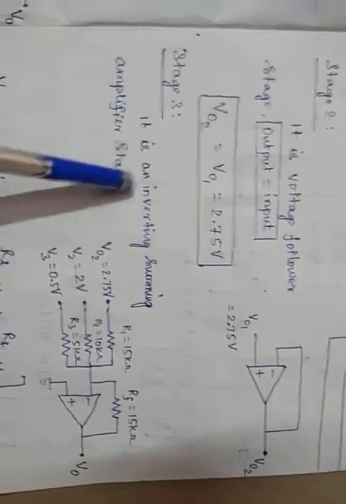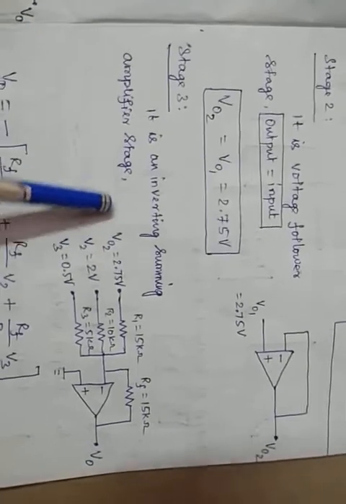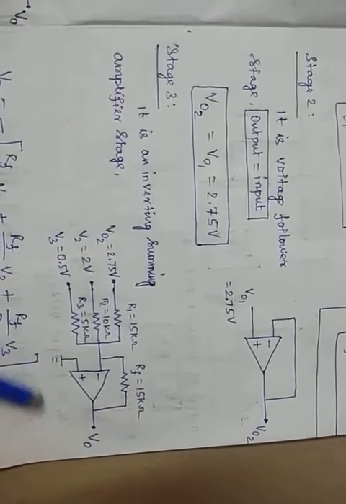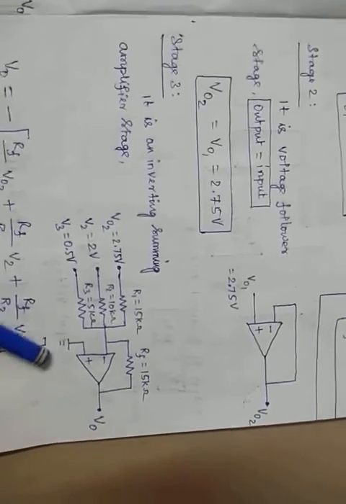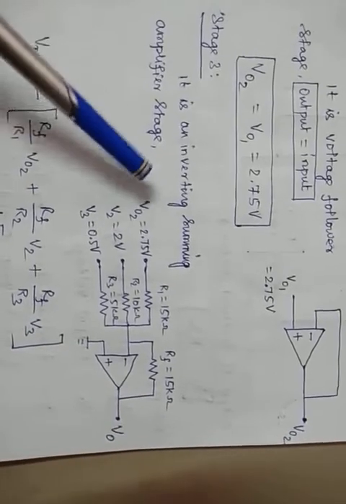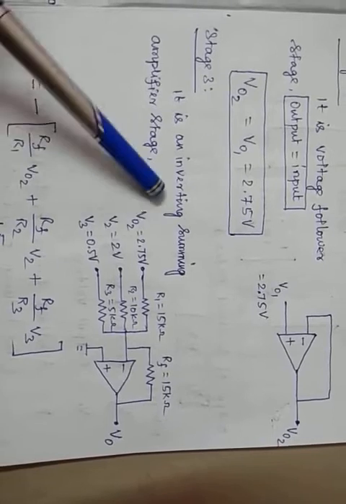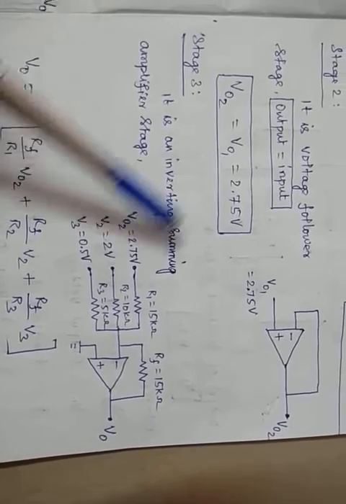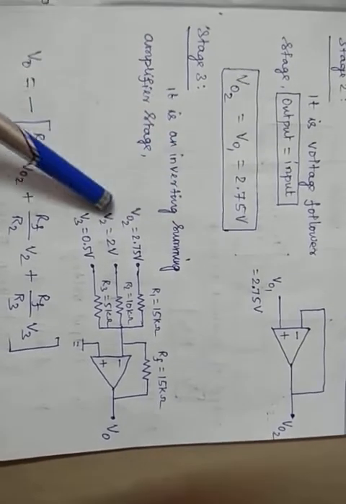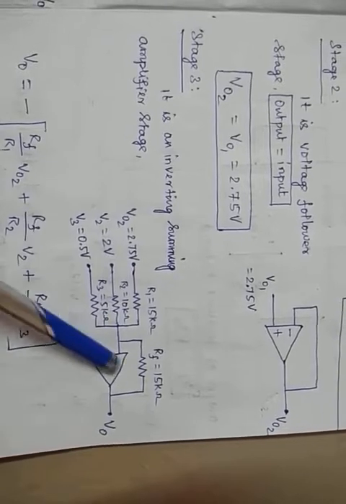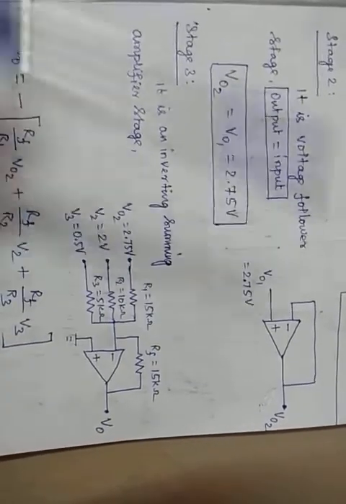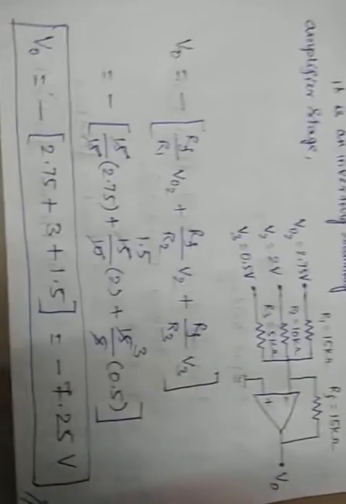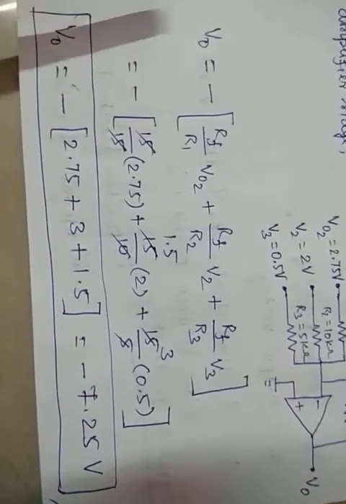It is an inverting summing amplifier stage. See the third stage circuit I have drawn here, and Vout 2, which we just calculated as 2.75, is the first input. The remaining values are given in the question itself. The formula for inverting summing we know, because we discussed many problems in this area.